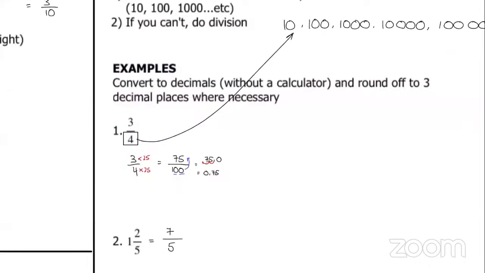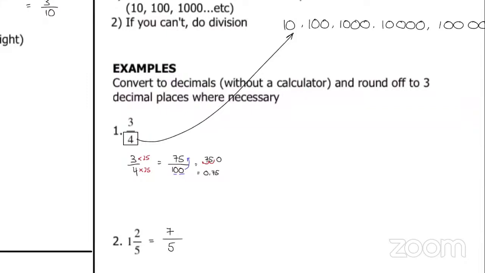The smallest power of 10 that 5 can go into is 10.